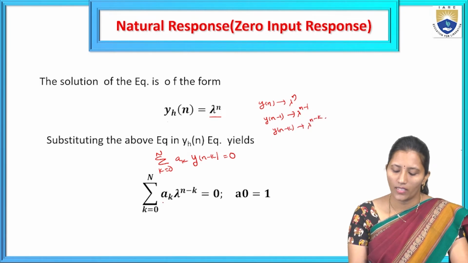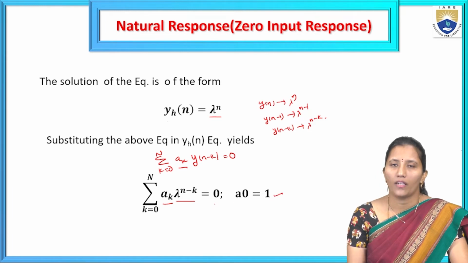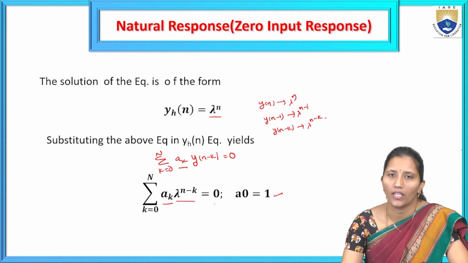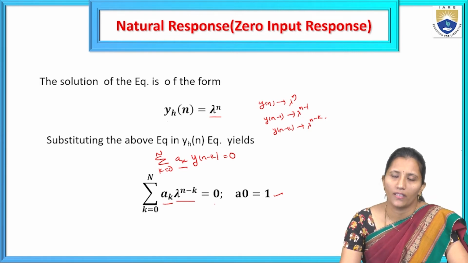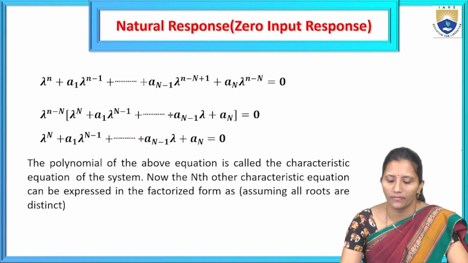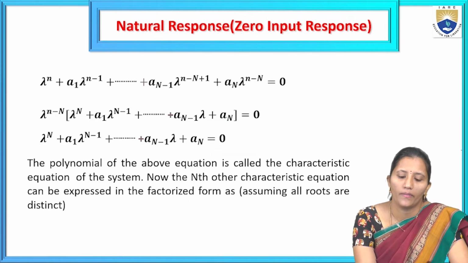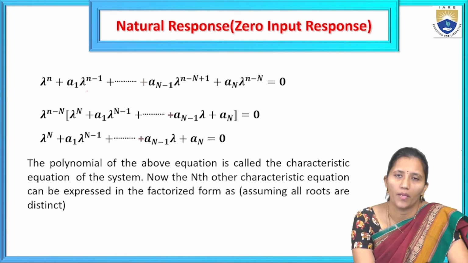So here sigma k equal to 0 to N a_k, this y of n minus k we can write as lambda power n minus k, that will be equal to 0, where a0 is equal to 1. We take a0 as an arbitrary constant, where k is equal to 0, and we assume that it is equal to 1. If we expand that, we will get lambda power n plus a1 lambda power n minus 1 plus and so on, plus a_N lambda power n minus N is equal to 0.